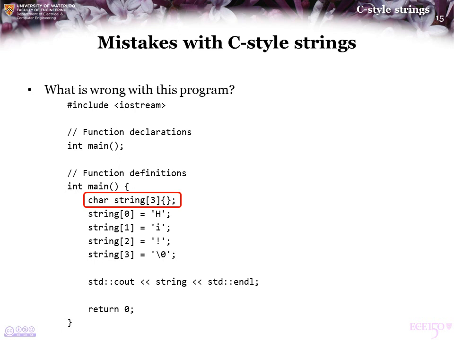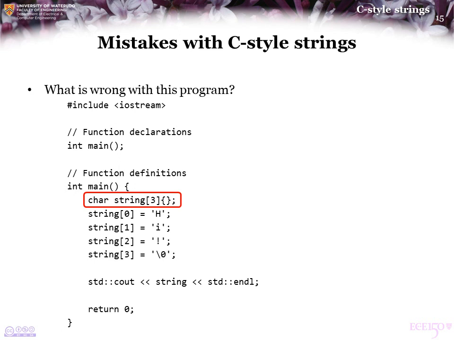So if I wanted to store the string hi with an exclamation mark as a C-style string, then the capacity of the array needs to be at least 4. It could be larger, but it cannot be any shorter than 4, because the fourth entry, or the entry at index 3, needs to be the null character to flag the fact that the string ends at this point.